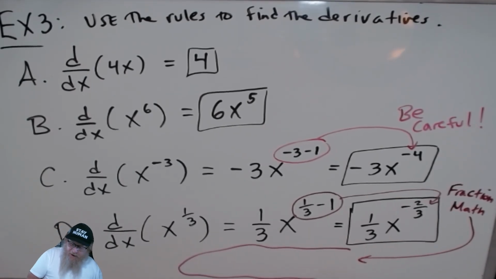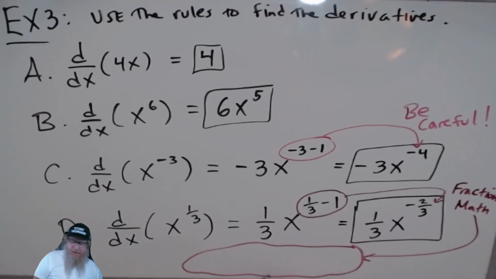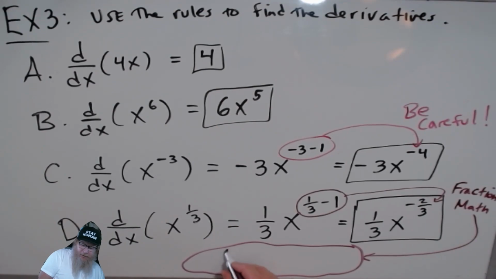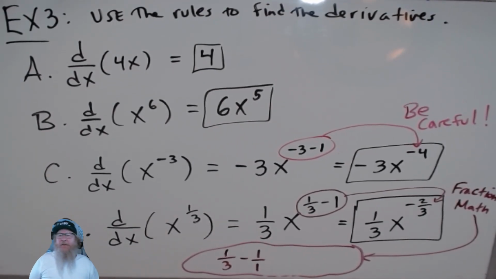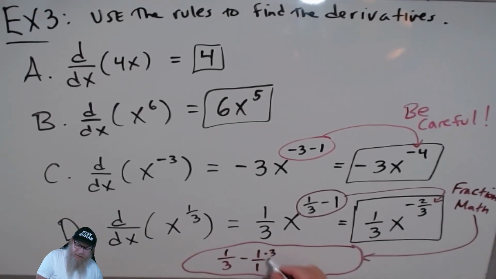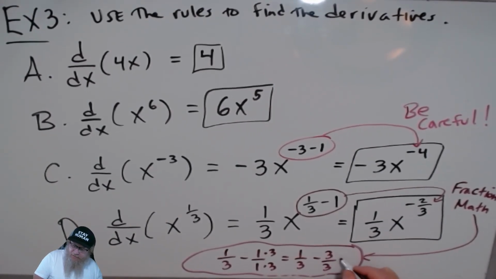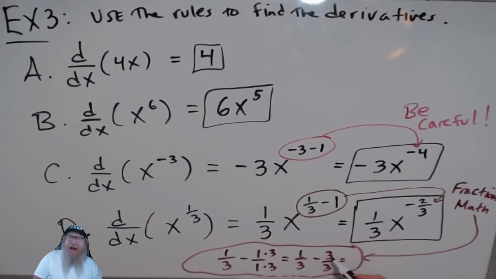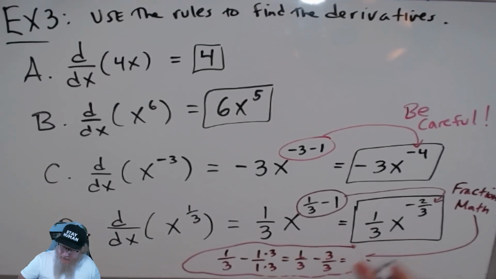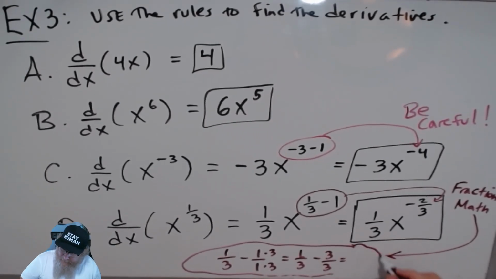If you want to see the fraction math, I'll do a little cloud down here. I'm just going to do the fractions. 1/3 -1/1. Then I'll multiply this by 3. So that's 1/3 -3/3. Then you subtract the numerators.